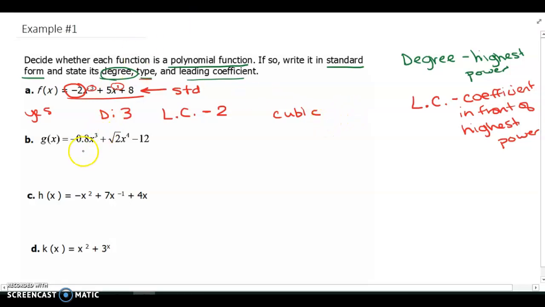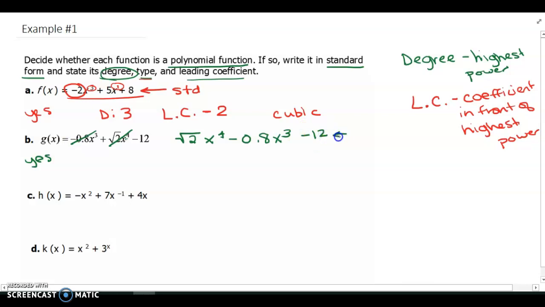All right, so let's look at B. Is this a polynomial function? Yes, it is. It is not in standard form, so we're going to write it in standard form. The highest power is 4, so we want that written first. So we would say square root of 2 x to the 4th minus 0.8 x cubed minus 12.